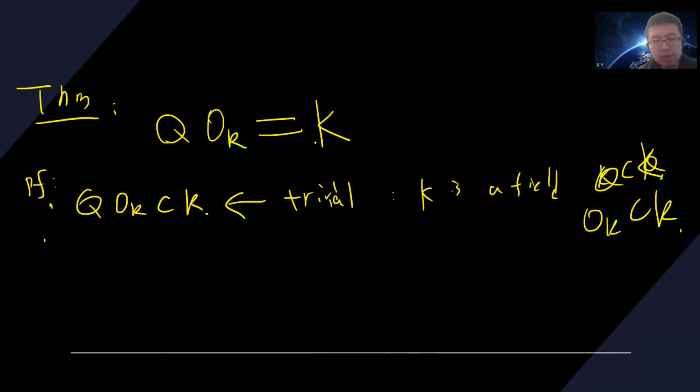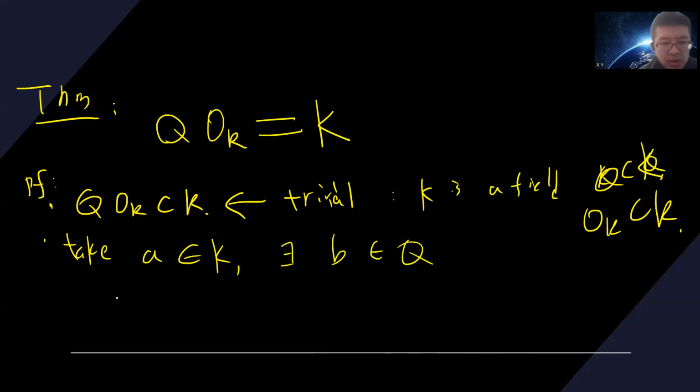So what we need to show is that you take any element A in K. We want to show that there is B in Q, such that we can take any element of K and write it as B times some algebraic integer.